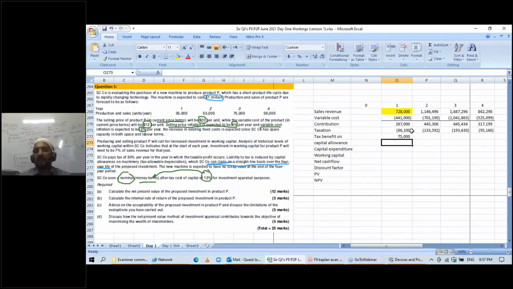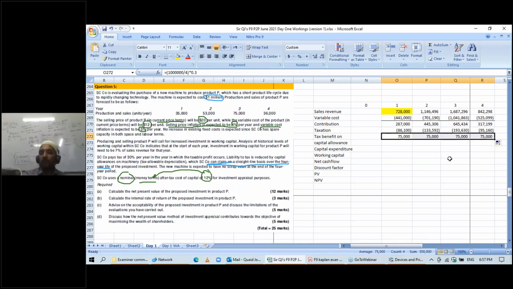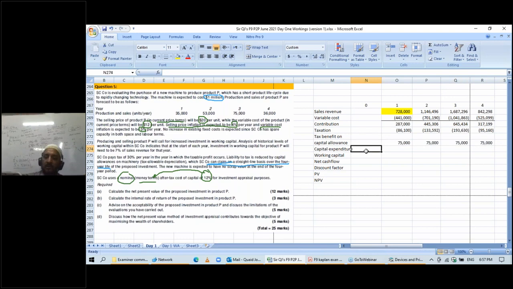This gives you a 75,000 saving. So in all the years, as it's the straight line method, there will be a saving of 75,000 in all of the 4 years in tax. So this is the tax benefit on capital allowances. Then the capital expenditure amount is 1 million.